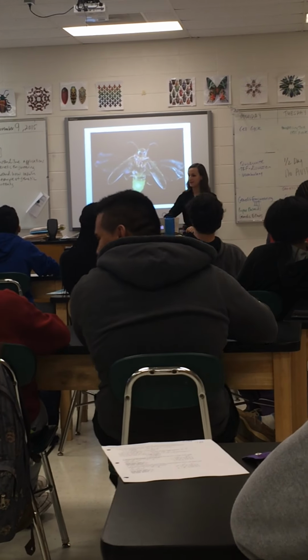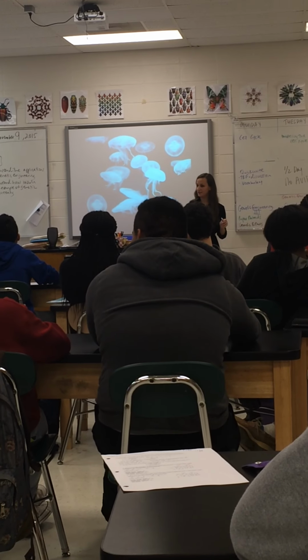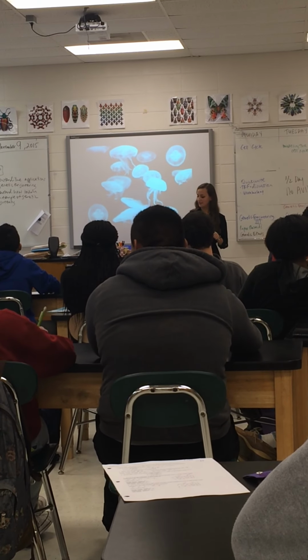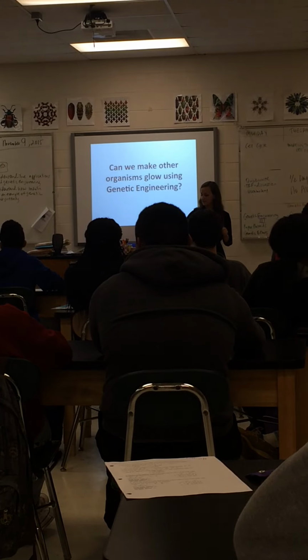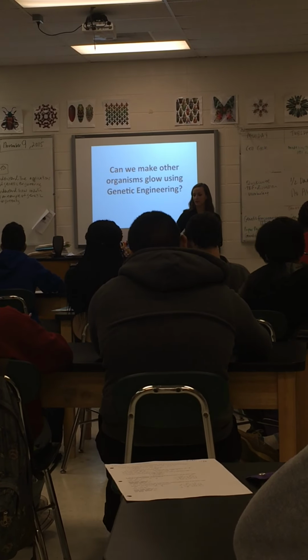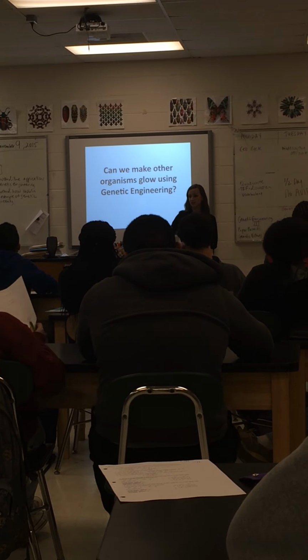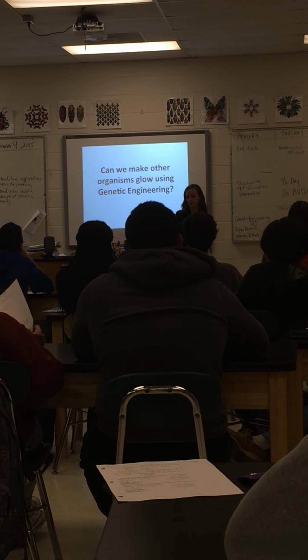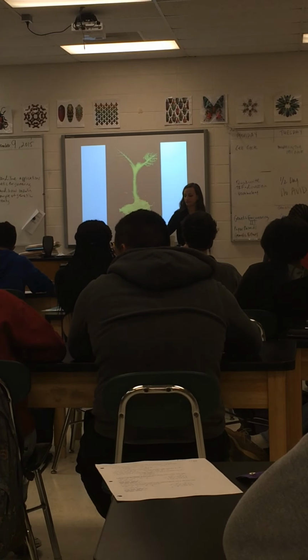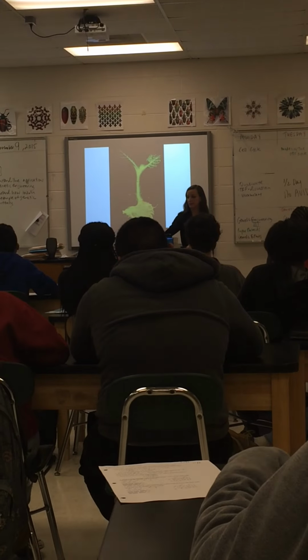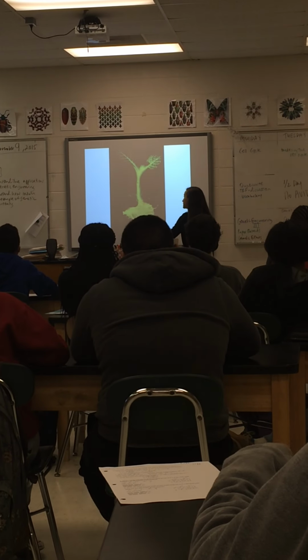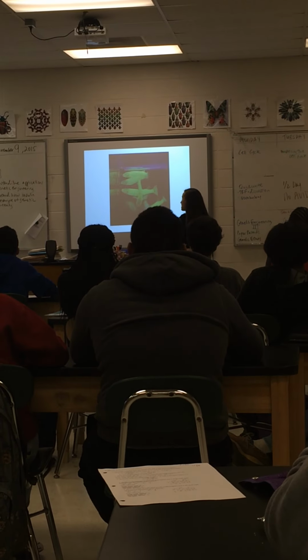Yep. So there's your lightning bug. There's your jellyfish. So, but we can make other organisms glow using the genes that make those organisms glow and by injecting them into other things. So here's a tobacco plant that has been modified to glow.